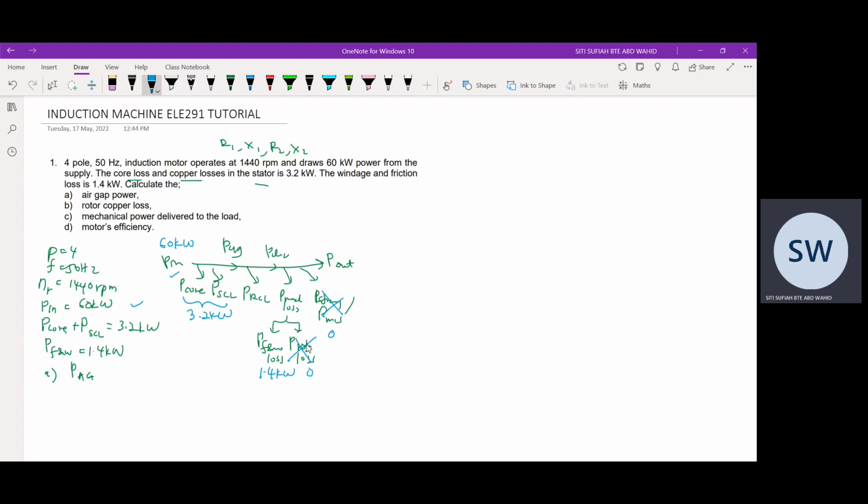Okay, so what is P air gap here? Looks like you have this and you have the summation of these two, meaning you can calculate it.